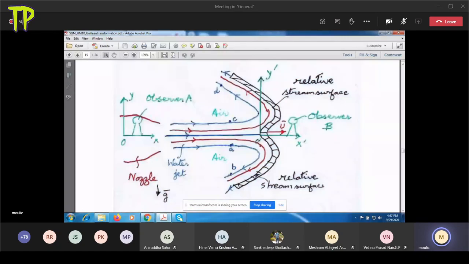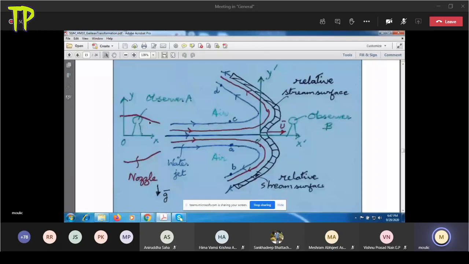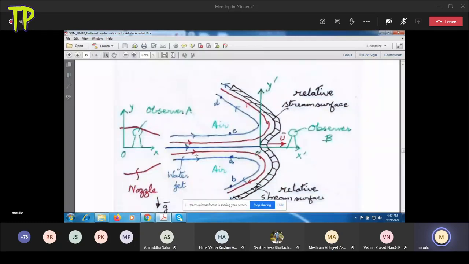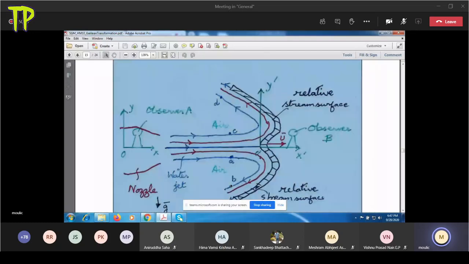They cannot be the same because the sum of pressure, kinetic energy, and potential energy is not conserved because the flow is unsteady. So the velocity at point B will be different from the velocity at point A, the absolute velocity.